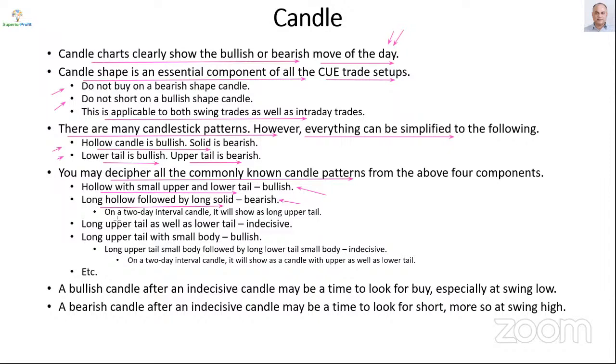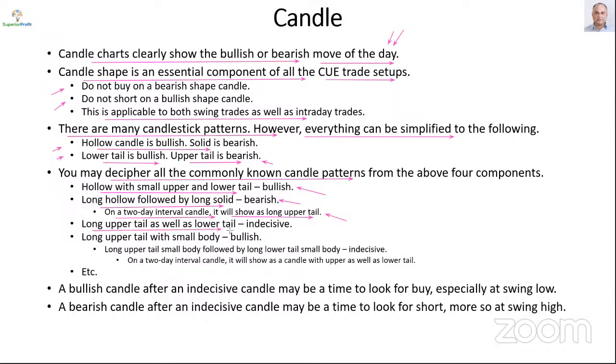In fact, if you plot the chart with a 2-day interval, it will show as a candle with long upper tail, and we know long upper tail is bearish. So the 2-day pattern, some people may say railroad pattern, going up and immediately coming down, in fact is an upper tail candle on a 2-day interval. So that's a bearish candle or bearish formation.